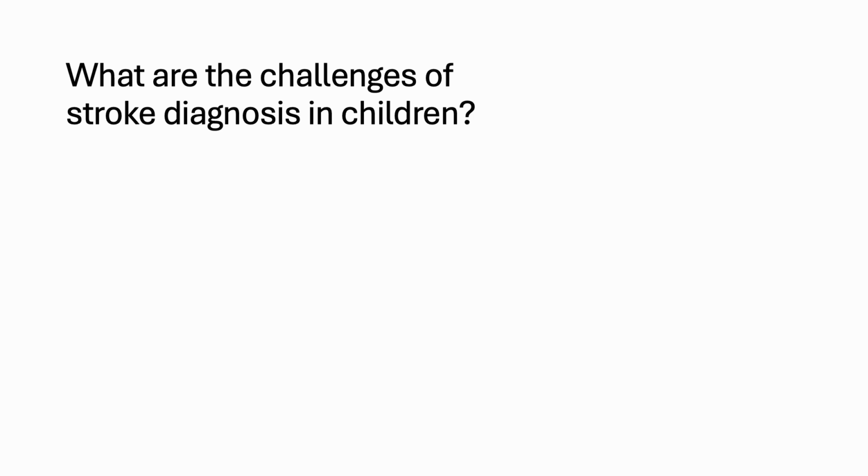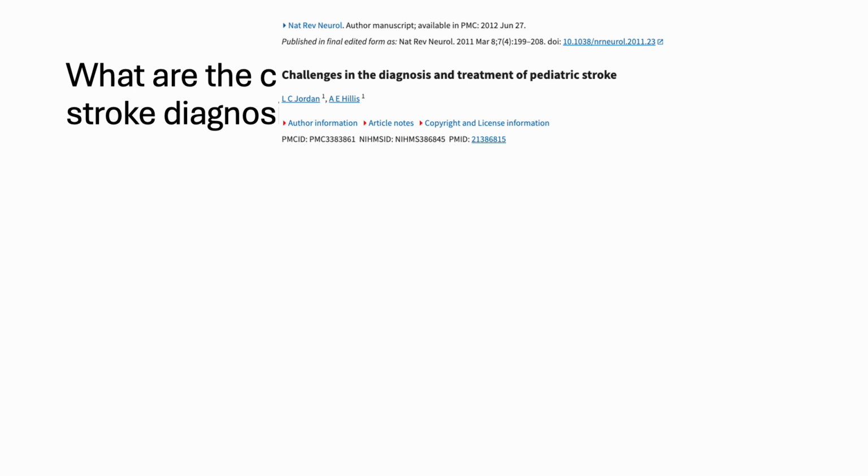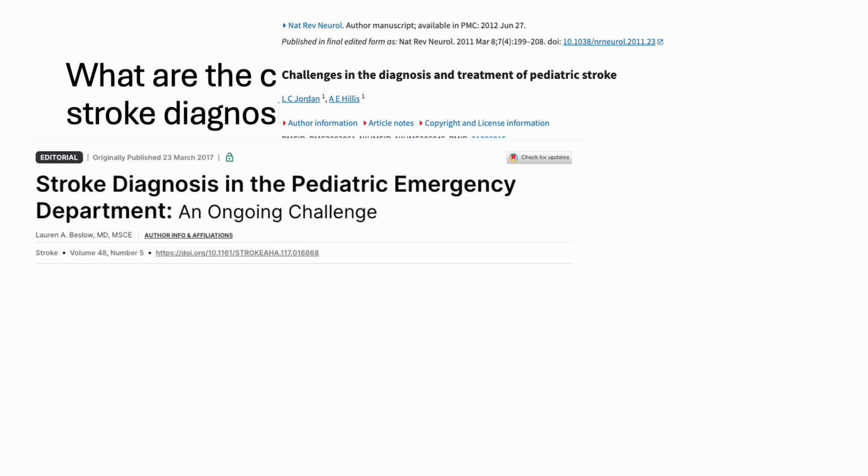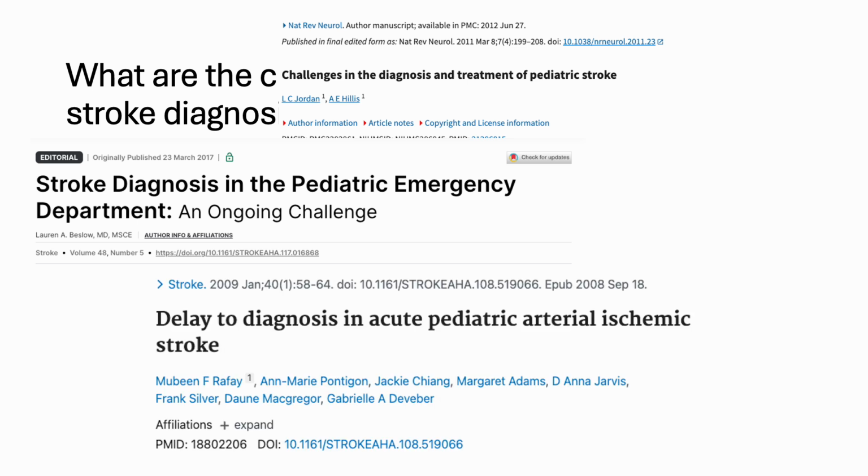So what are the challenges of stroke diagnosis in children? When I was preparing for this talk, I found two very good review papers which essentially talk about the challenges in pediatric stroke. And there was one big study that really fed into these two review articles, a study by Raffet et al., which was actually performed in Toronto Sick Kids in 2009.